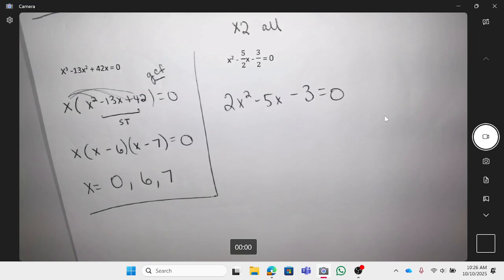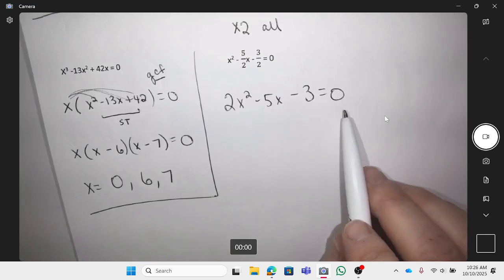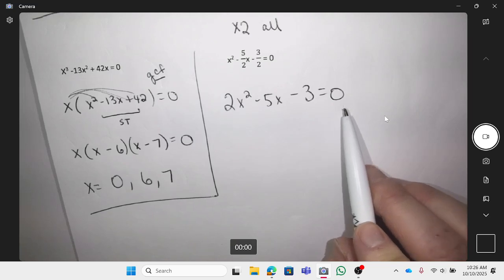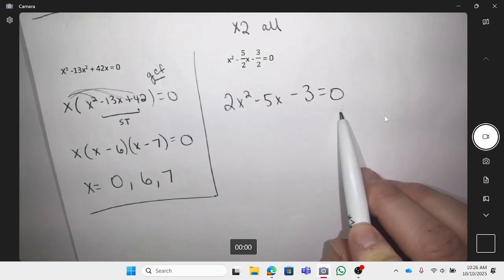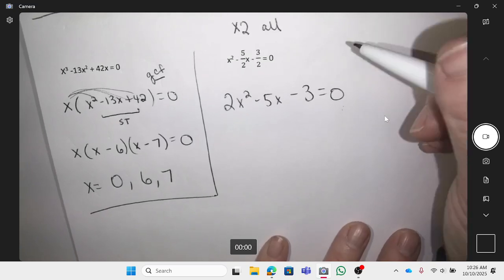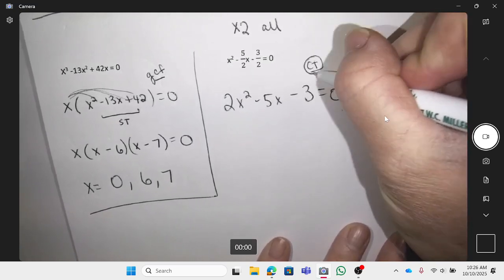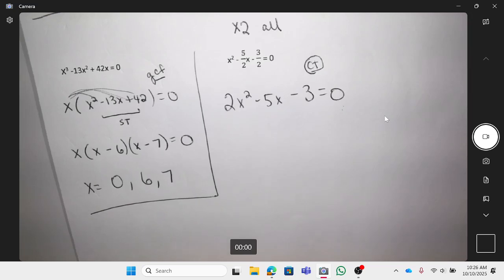Did you revamp it? This stays at 0, right? 0 times 2, that's good, it stays. So this is a complex trinomial now.